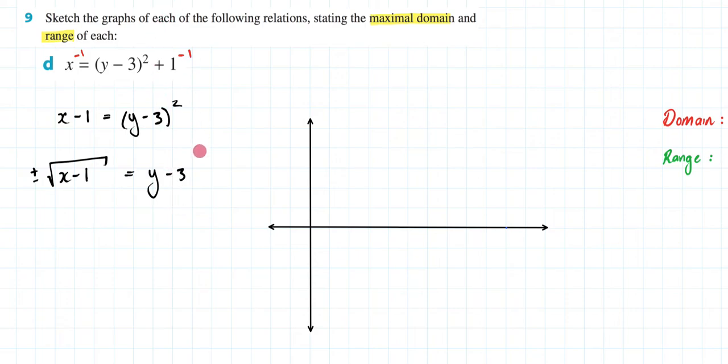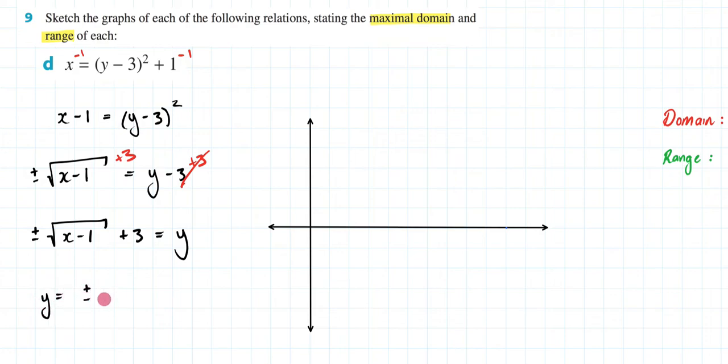Next thing I'll do is plus 3 to both sides in order to get rid of this on this side. So I'm going to be left with plus or minus the square root of x minus 1, plus 3 equals y. So if I was to now put my y on the left hand side just for aesthetic reasons, to make it a little bit more pleasing to the eye, y equals plus or minus the square root of x minus 1, plus 3. So this is what I have to graph.